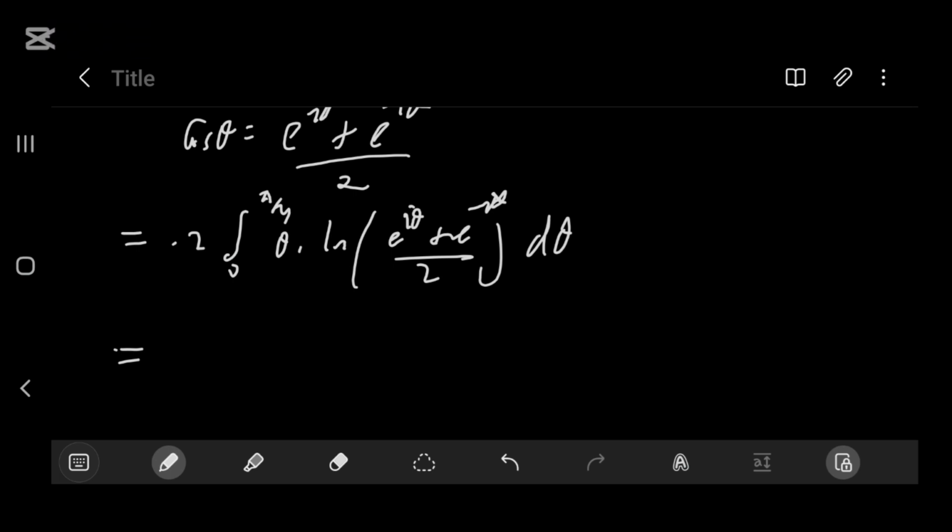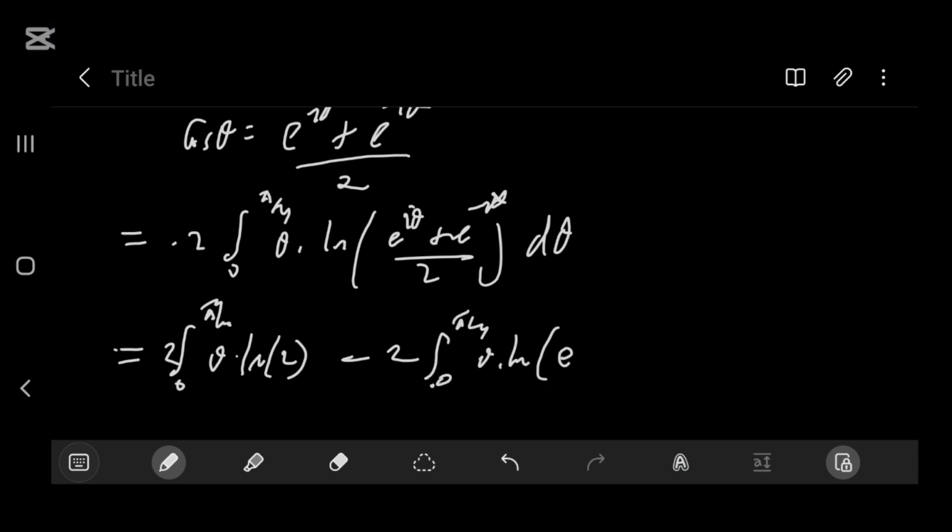So by the properties of logarithm, we'll have the integral from 0 to pi by 4 of theta ln 2. I forgot the 2 actually. Okay. Minus 2 times the integral from 0 to pi by 4 of theta times ln(e to the i theta plus e to the negative i theta) d theta.